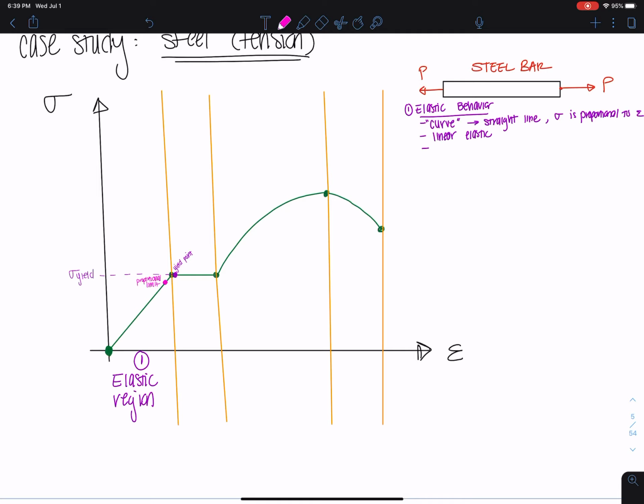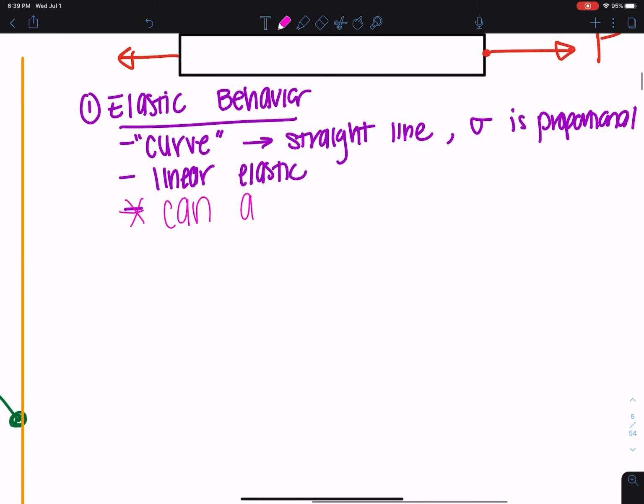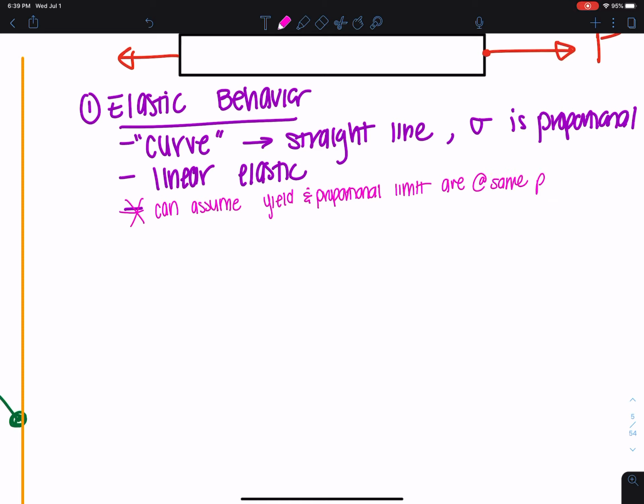So I'm going to put here, let me rewrite this. This is just to make our lives a little easier.